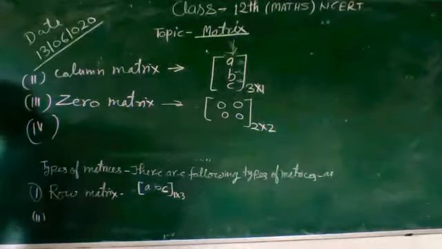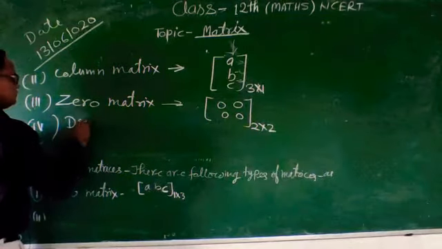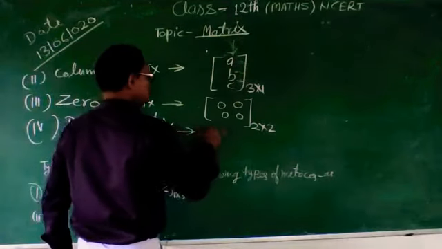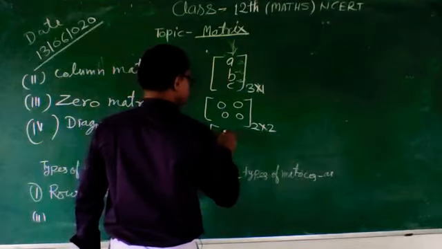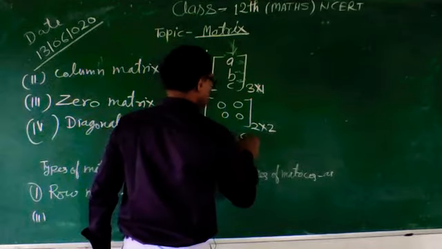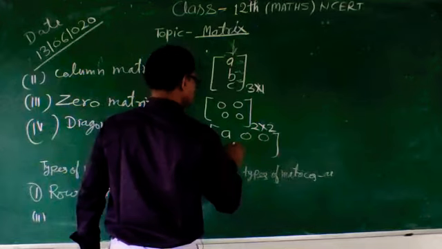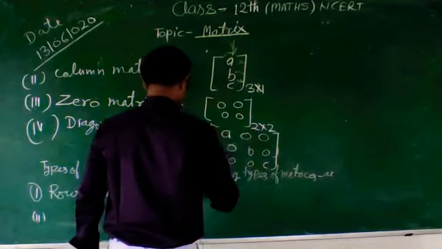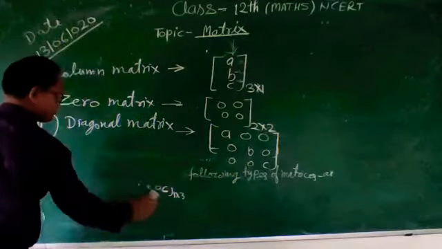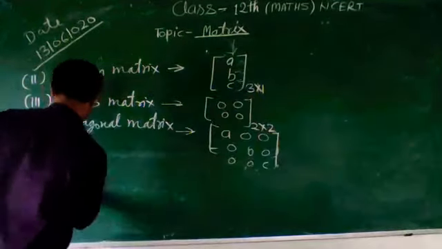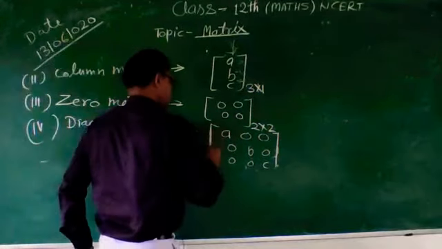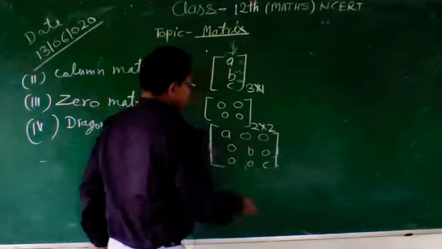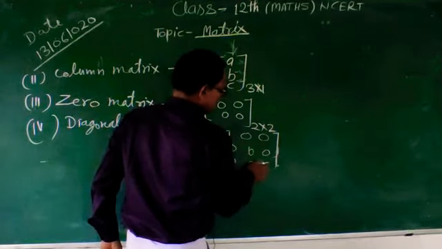Fourth case, diagonal matrix. We show it as A 0 0, 0 B 0 and 0 0 C. In this case, A, B, C is the diagonal.